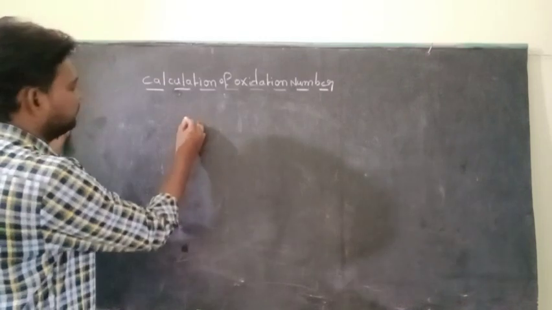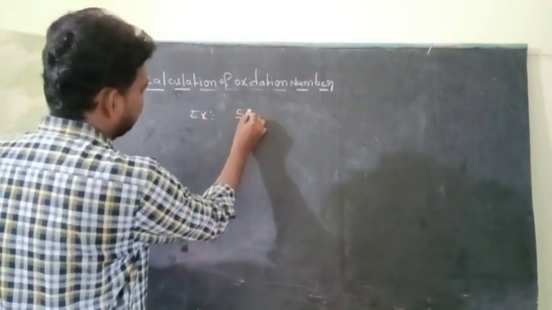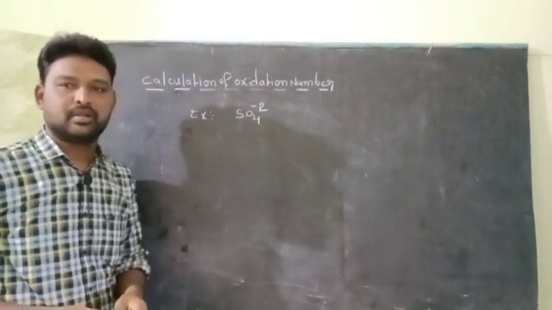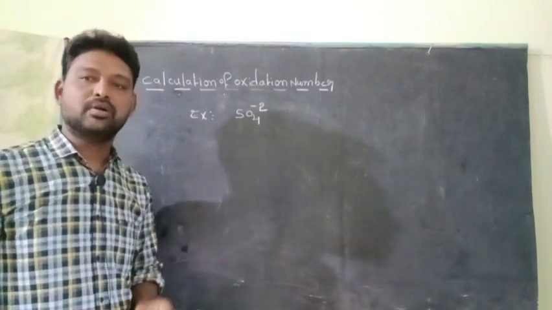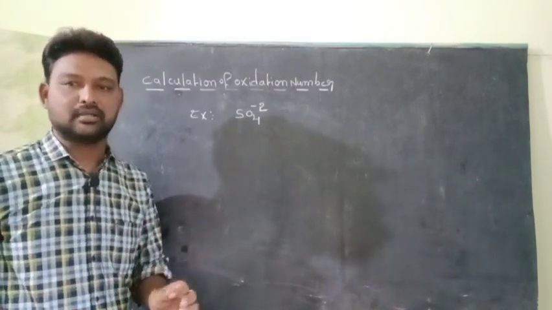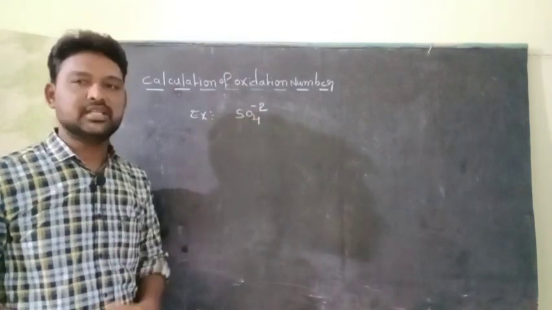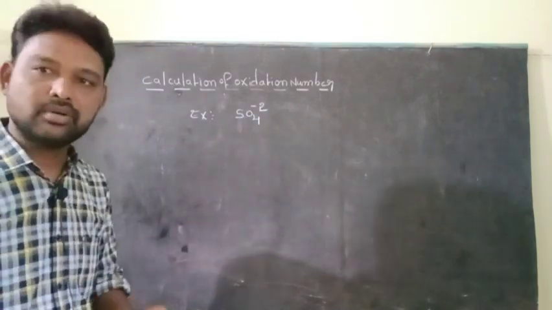For example, SO4 minus 2. See, this is not a compound, this is a compound ion because a charge is present. Here the charge is minus 2. So that's why this is nothing but a compound ion.